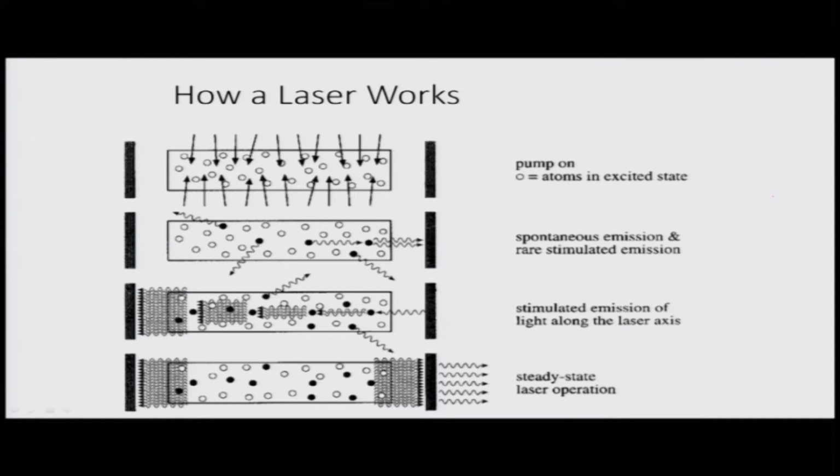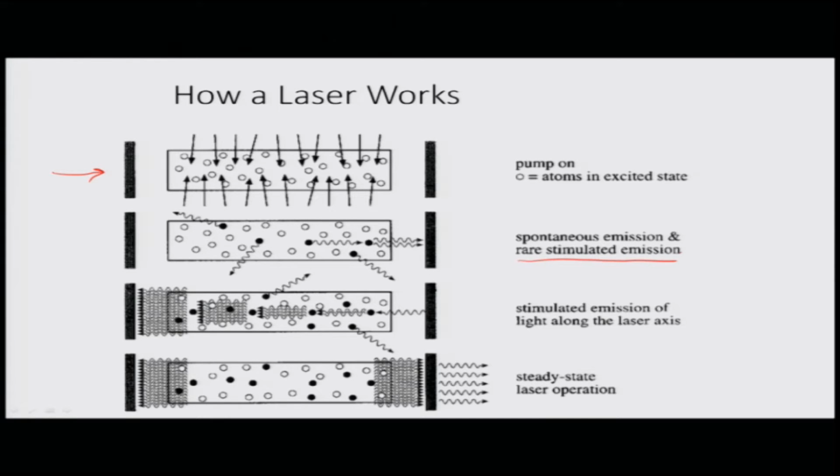A laser basically works on the principle of pumping the gain medium within an optical resonator to a situation that results in population inversion. When that happens, the natural process of spontaneous emission sets up the initial photons that are necessary for the stimulated emission process, which is otherwise rare.